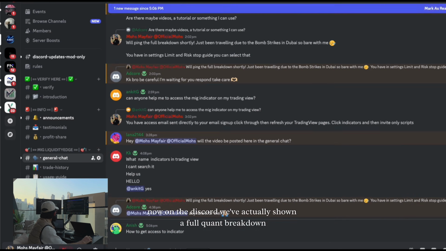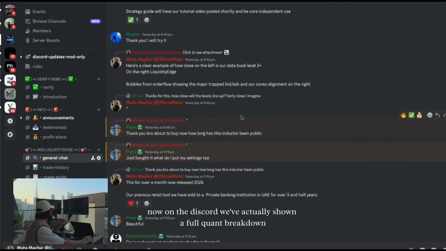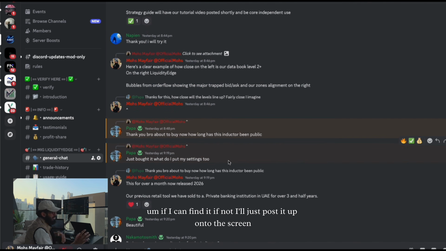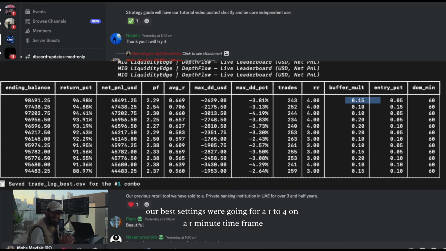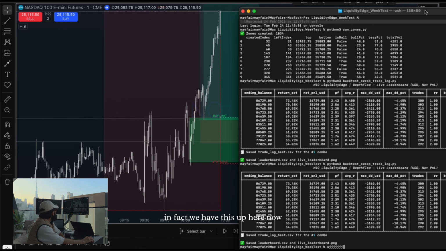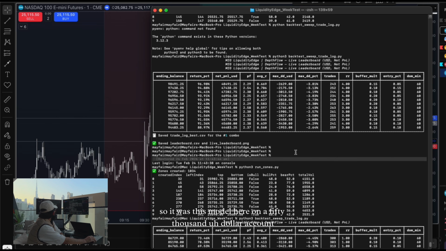Now on the Discord, we've shown a full quant breakdown. If I can find it. If not, I'll just post it up onto the screen now. Our best settings were going for a 1 to 4 on a 1 minute time frame. In fact, we have this up here now. Okie doke, so it was this model here.